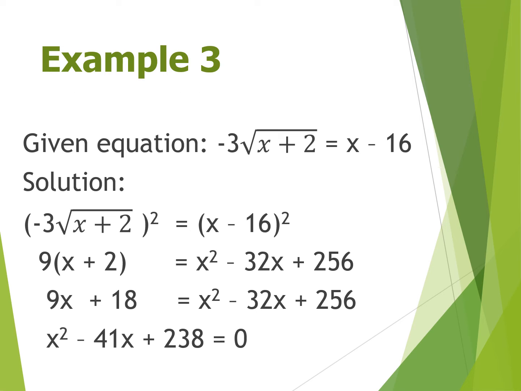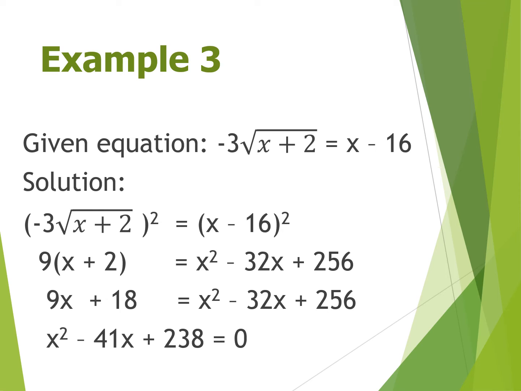Third example, we have the given equation, negative 3 times the square root of x plus 2 equals x minus 16. In this case, we will square both sides of the equation. So we have negative 3 squared is 9, and the square root of x plus 2 squared is x plus 2.